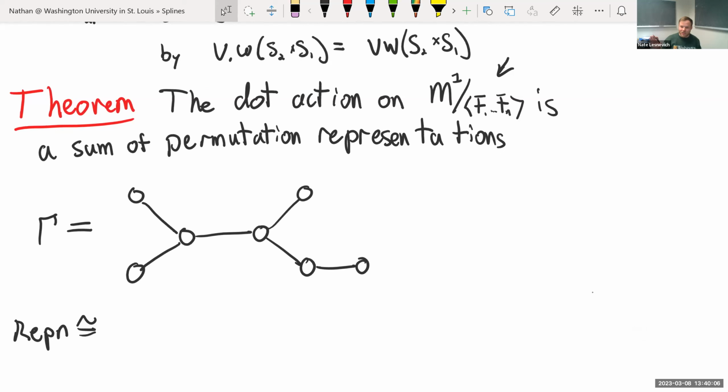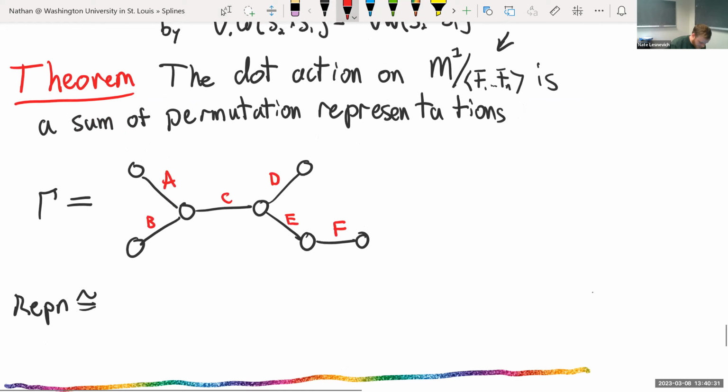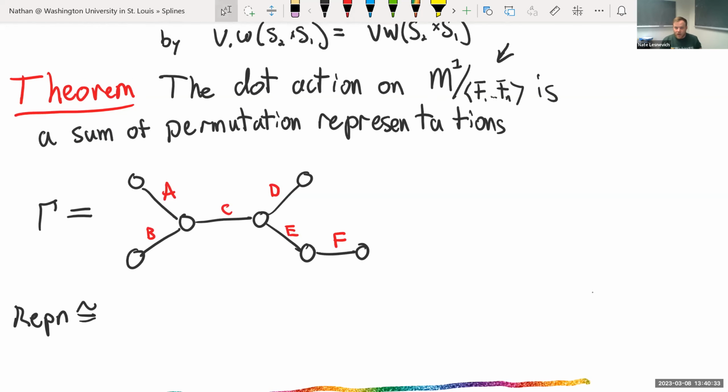And it's much easier for me to show you what that representation is than it is to try and describe it in excruciating detail. So I have here written a tree, and what we're going to do is for each edge that I'll label here, we're going to get a particular permutation representation.